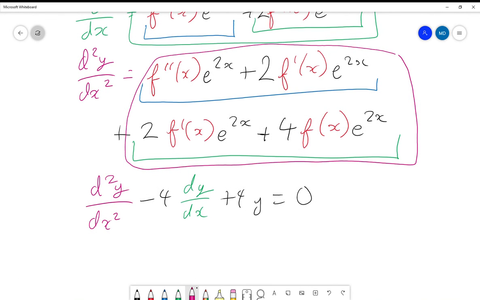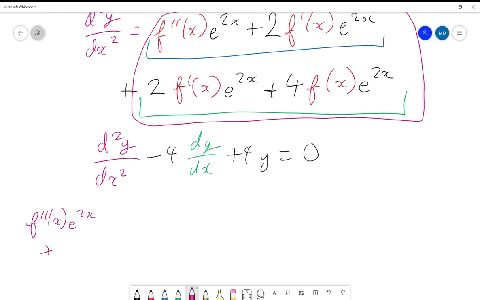So in magenta we have f double dash of x e to the 2x. And now notice we've got 2 lots of plus 2 f dash of x e to the 2x, so it's going to be plus 4 f dash of x e to the 2x. And then we've still got plus 4 f of x e to the 2x. And that's everything for d2y by dx squared.